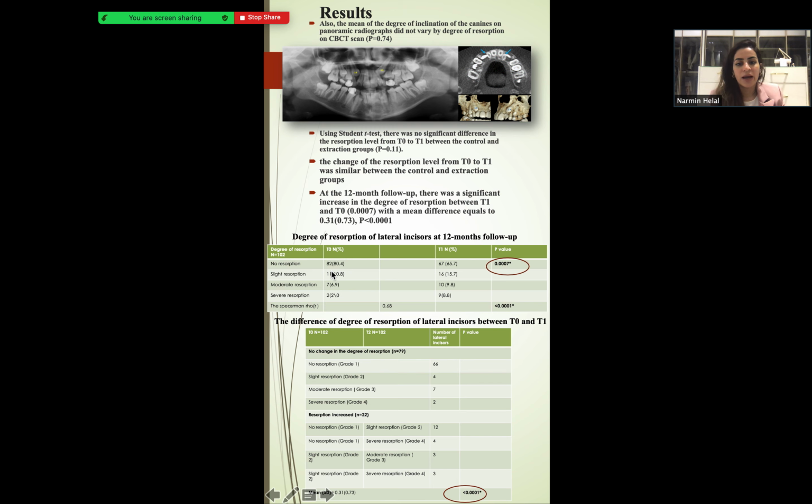The number of cases that had no resorption at T0 has decreased, which means more cases had resorption at T1. And the cases that had slight, moderate, or severe resorption actually increased, from 11 to 16, 7 to 10, and 2 to 9. And this was significant with a p-value of less than 0.0007.